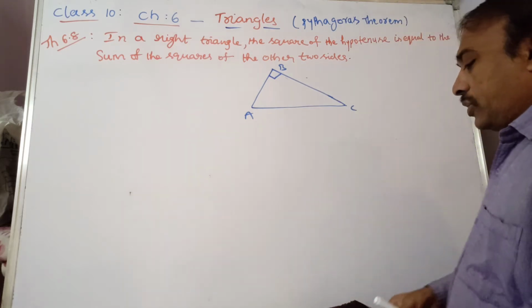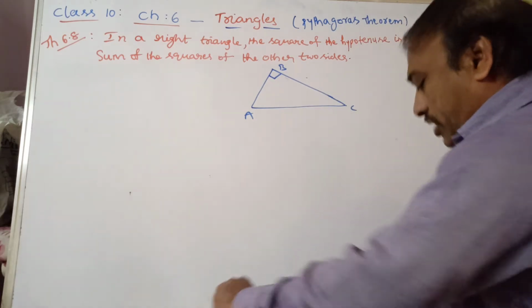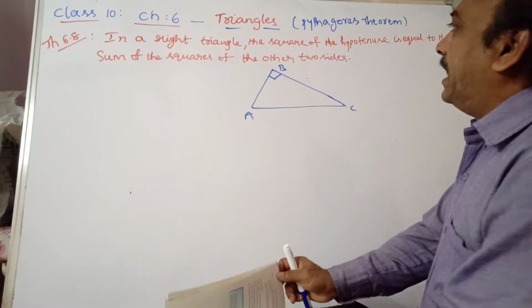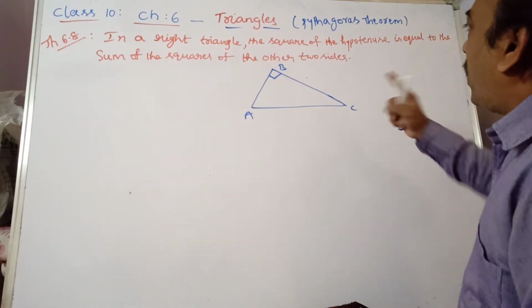Pythagoras theorem. So in a right triangle, which type of triangle is that? A right triangle, the square of the hypotenuse.